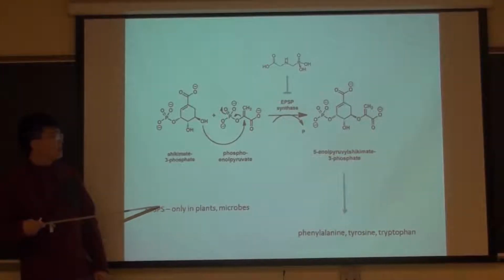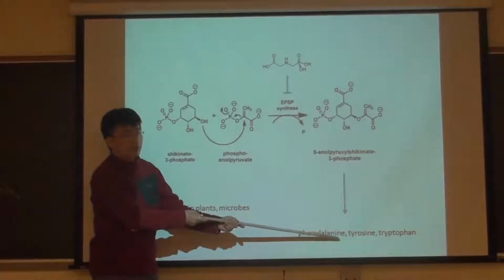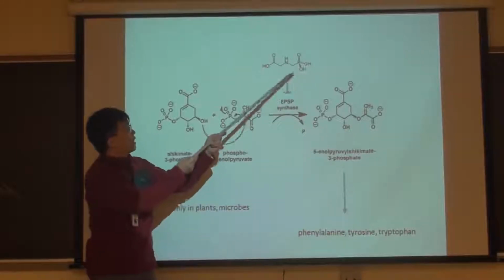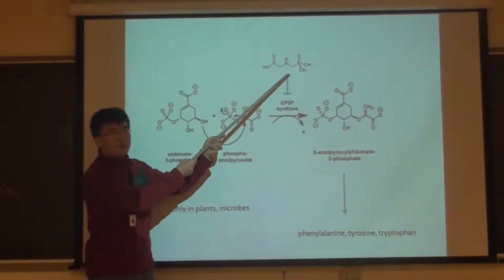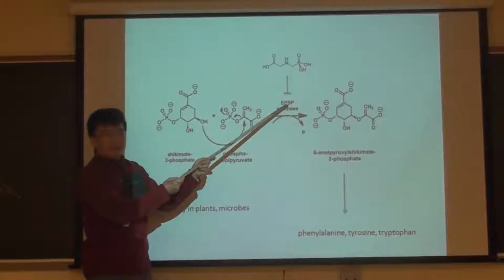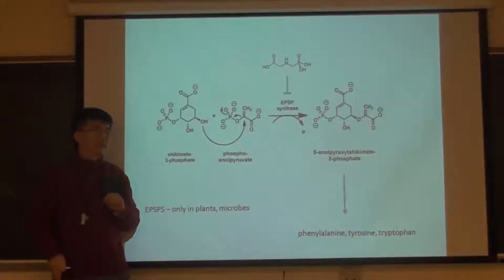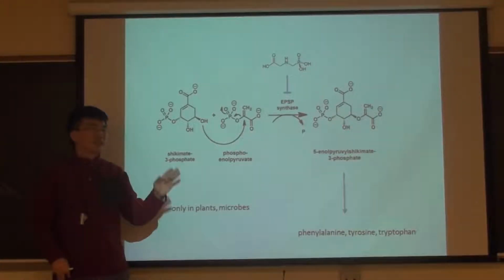That enzyme is required to make a precursor for these amino acids. The glyphosate, Roundup's active compound whose structure I showed you, binds this enzyme and inhibits it. This means that Roundup will kill every kind of plant. It will kill everything.